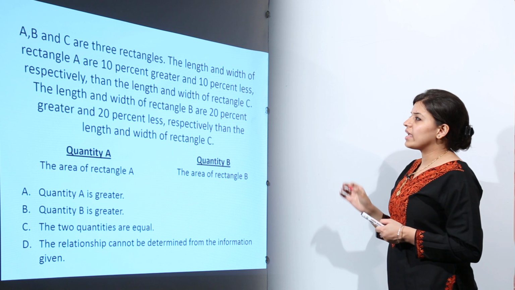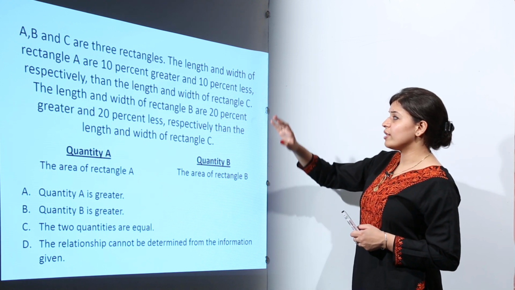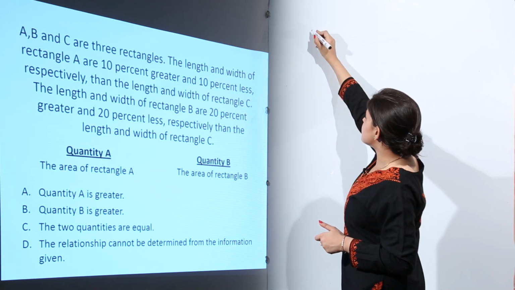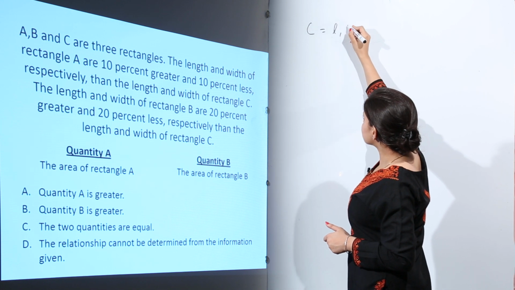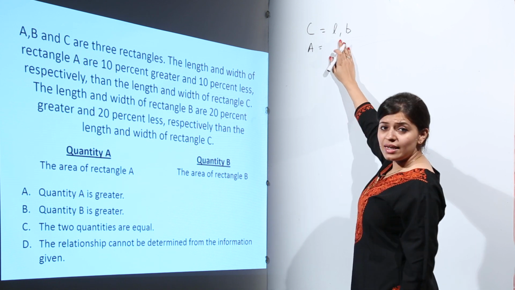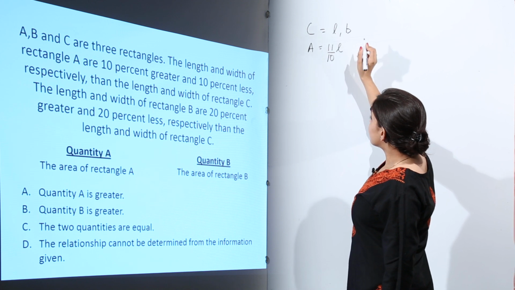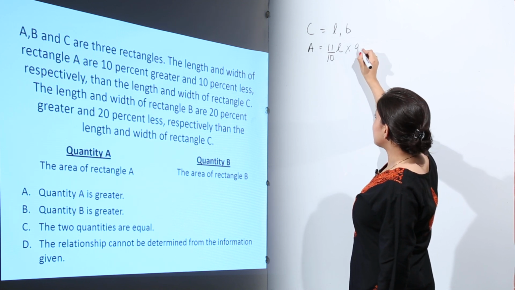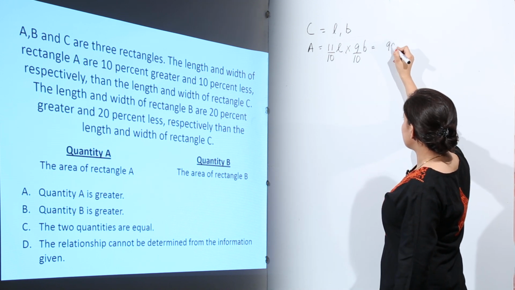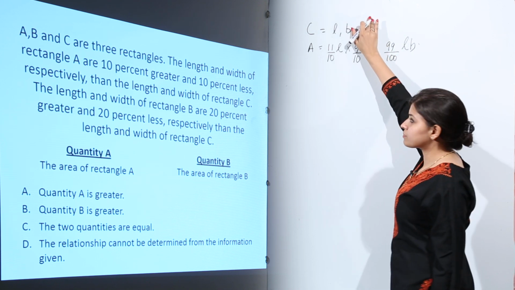The length and width of rectangle A are 10% greater and 10% less respectively than the length and width of rectangle C. So let's say the length and width of rectangle C be L and B. So the length of rectangle A is 10% greater, which will be 11 by 10. Width is 10% less, which will be 9 by 10. So we can say that this value will be 99 by 100 of the area of C.